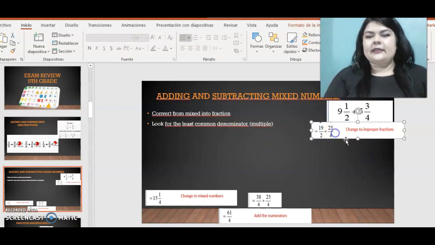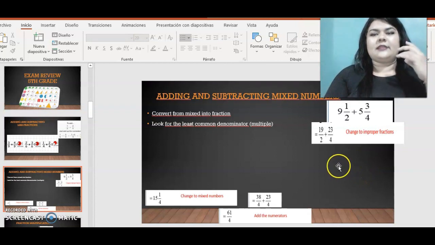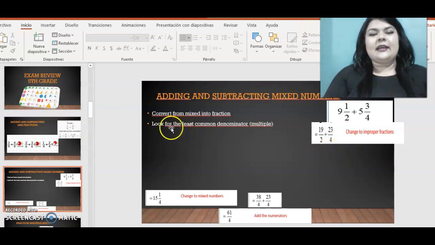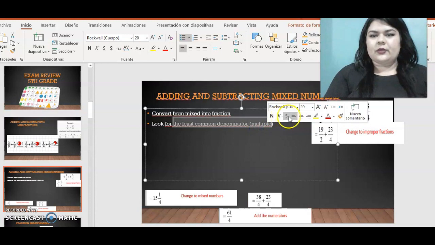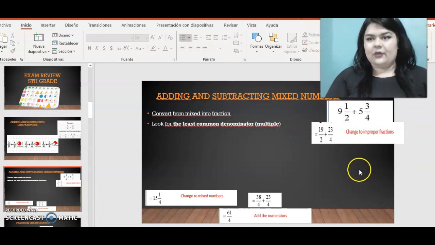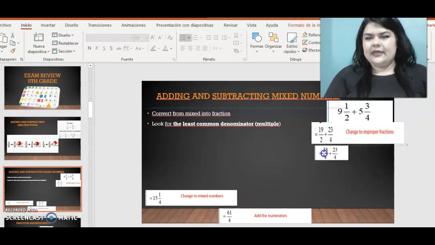If my denominators are 2 and 4, I look in the times tables of 2 and in the times tables of 4. What is the first that is common in 2 and 4? 4, correct. Now, 4 is my least common denominator.